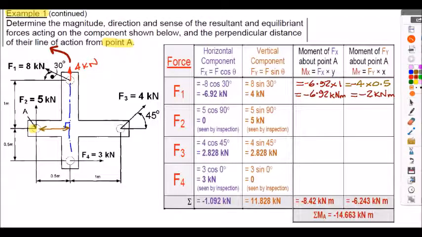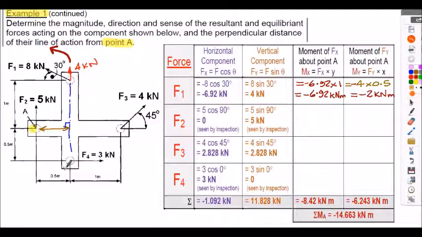Now some students do find it difficult to understand whether it's a positive or negative moment, but try and think of these perpendicular distances being spanners. If you think of the spanner context, then we're pivoting about the point A here, which would be the nut for the spanner, and then this force of 4 kilonewtons on the end of the spanner would be pushing the spanner around in an anti-clockwise direction.